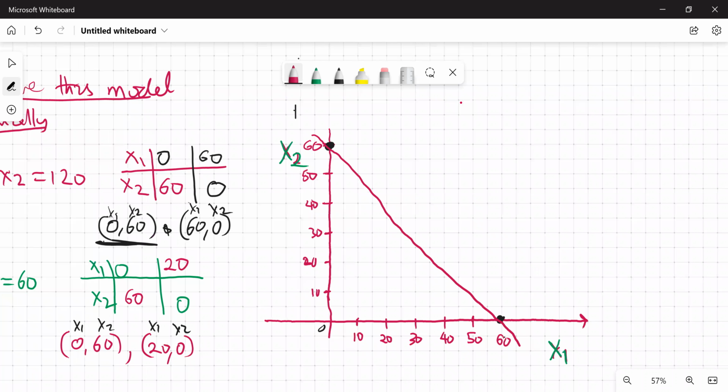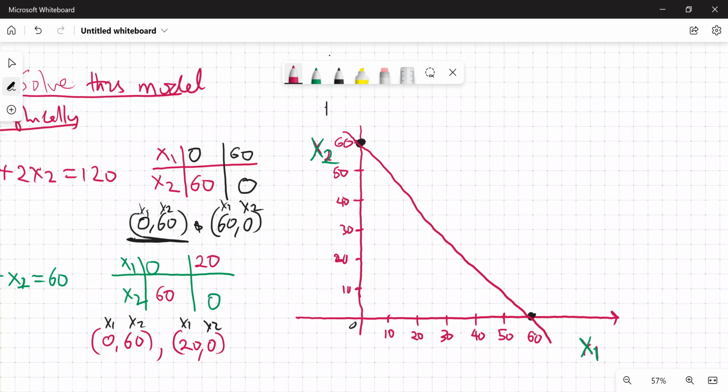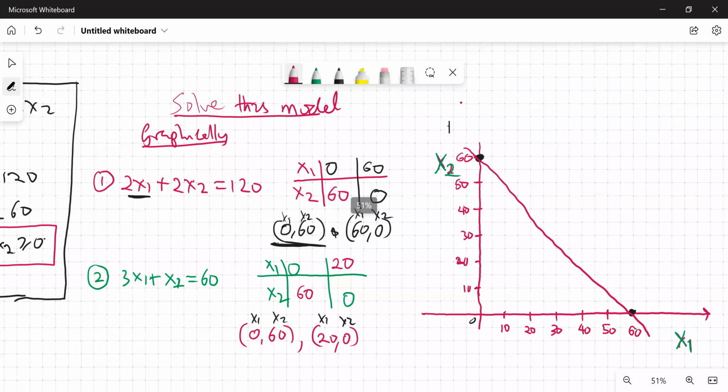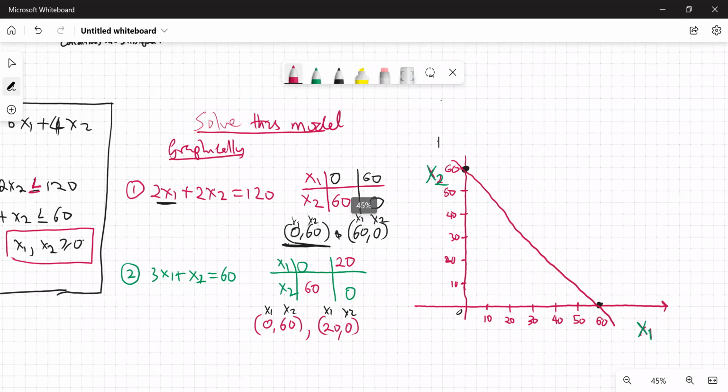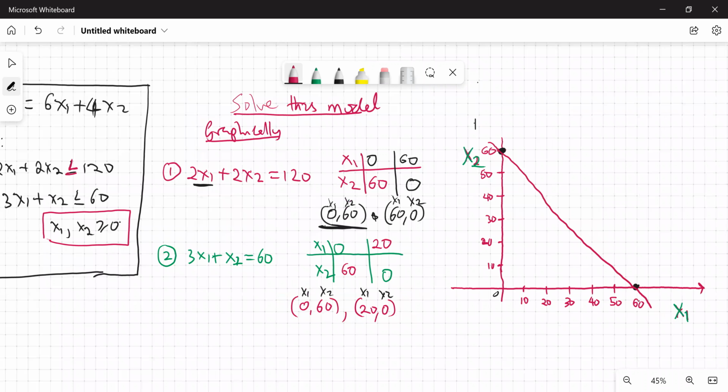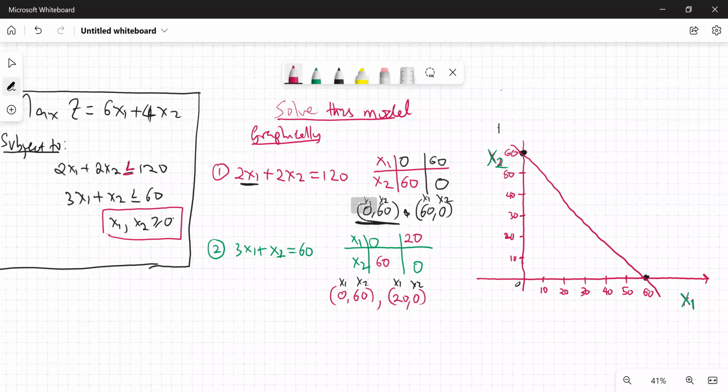Then once you draw the line, usually I shade out the unwanted part, the part that does not satisfy the inequality. So you either shade this side or this side.